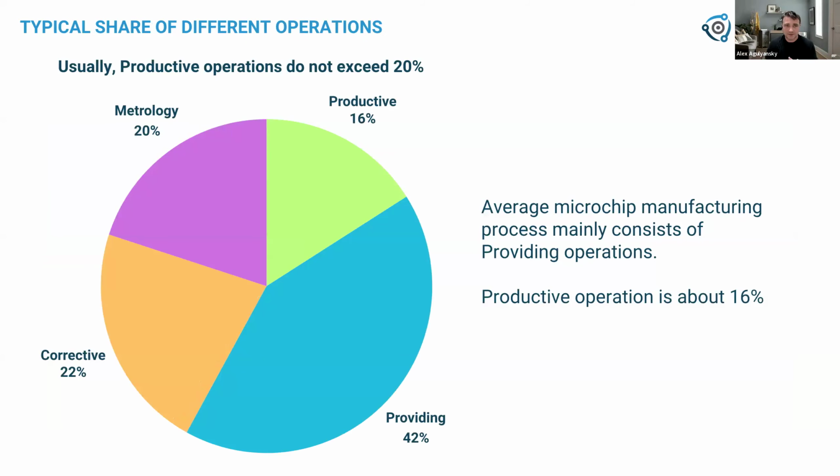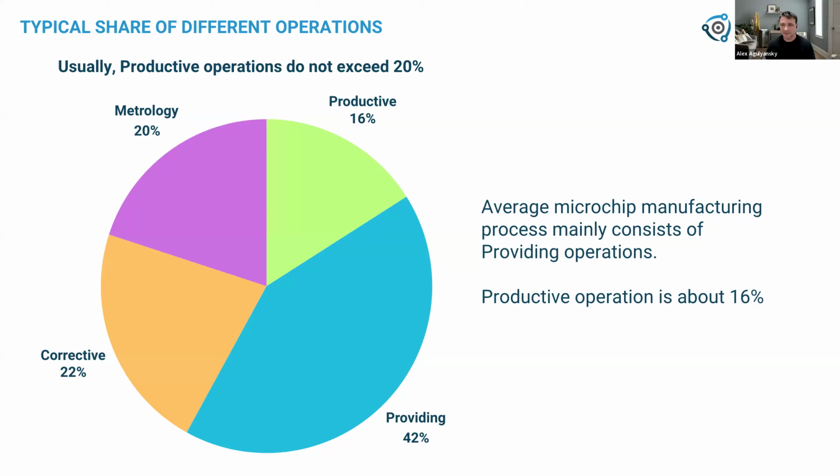Now, here's an interesting part. That's a typical breakdown of these different operations. So we have productive, metrology, corrective, and providing. And normally, the productive operations do not exceed 20%, maybe 25, but that's very rare. In semiconductors, it's typical to have 16%.